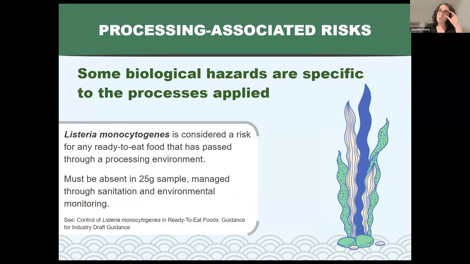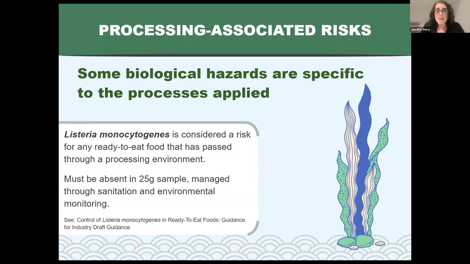And this is also one of the few pathogens that can actually cross the placenta and cause miscarriage or early term labor. So it is completely unacceptable legally in ready-to-eat foods. That means that by law, any ready-to-eat food has to be free of Listeria monocytogenes in a 25-gram sample.